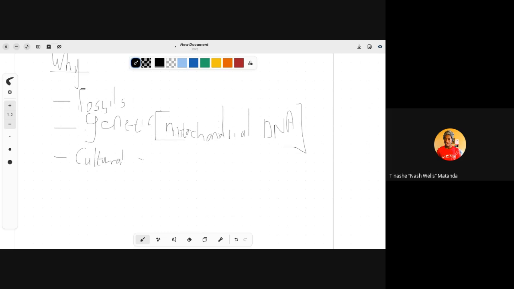Then we have cultural evidence. As much as we are looking at the organism itself, we can also look at the tools of trade that they used. For example, our old Homo sapien ancestors and all those others used tools and equipment, and when we study them closely, we can find a similarity to the current tools that we use.